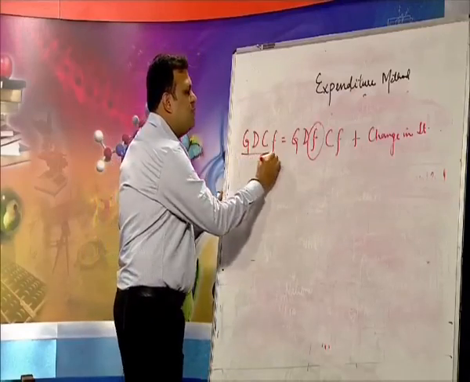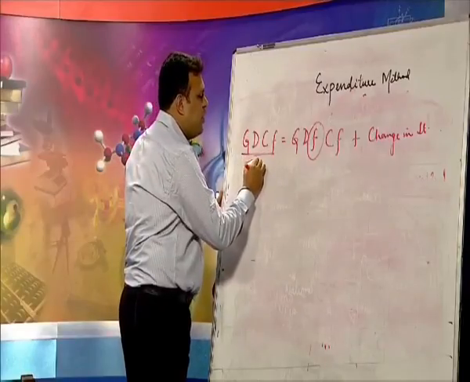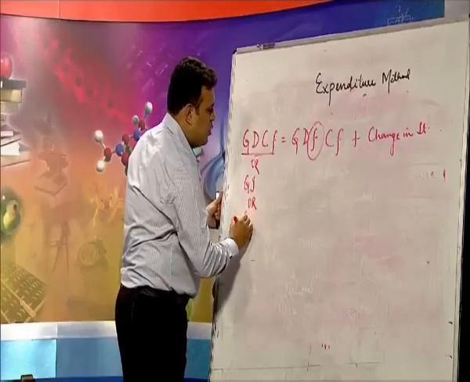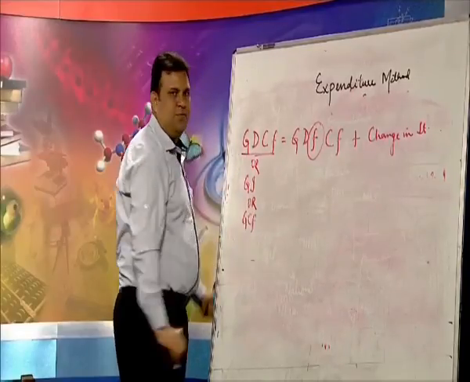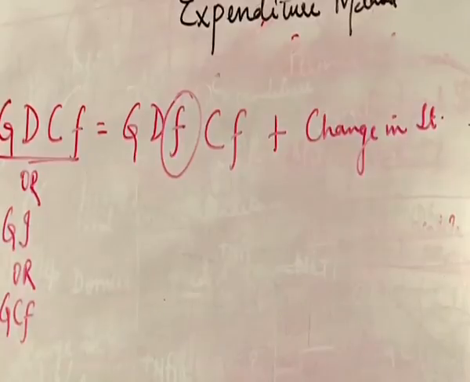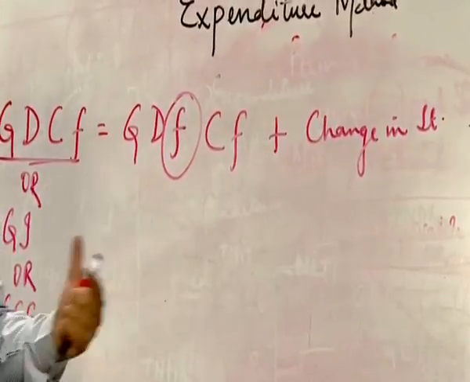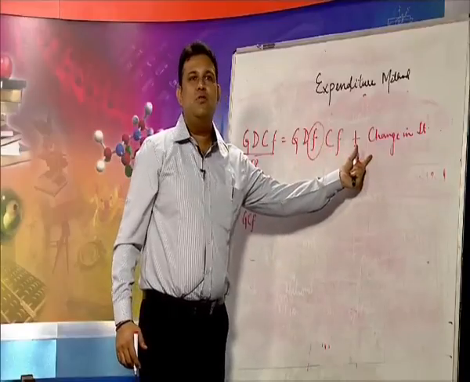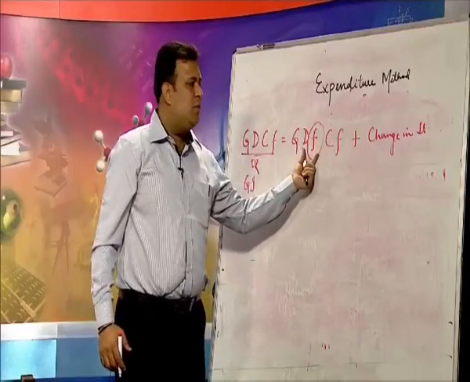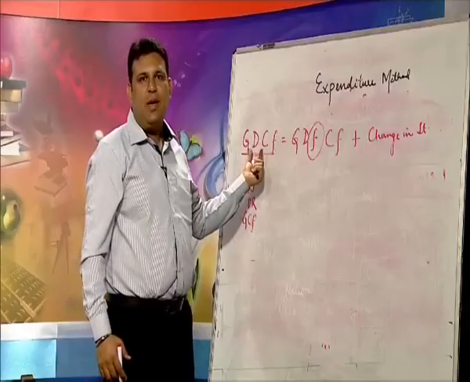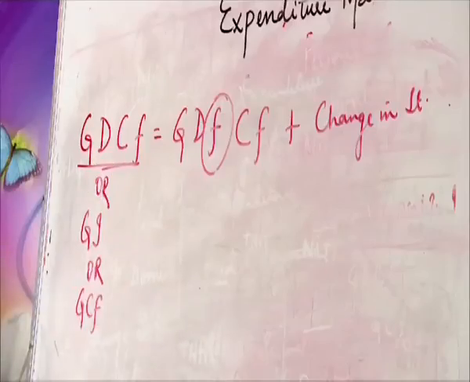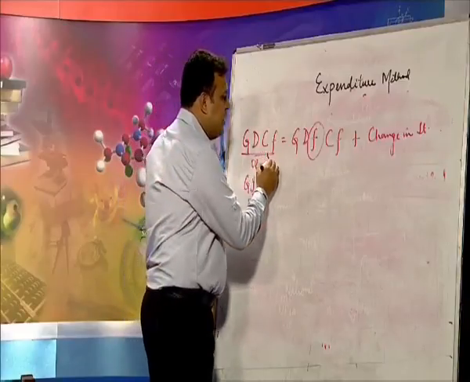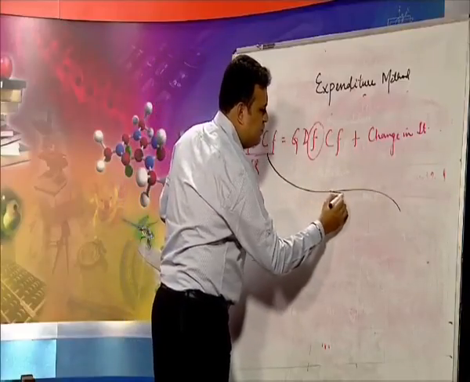This gross domestic capital formation is also known as gross investment or gross capital formation. And as a hint, how to deal with it: if fixed is given, you have to take change in stock. If fixed is not given, it means it is gross domestic capital formation. Now, what are the components of gross domestic capital formation?